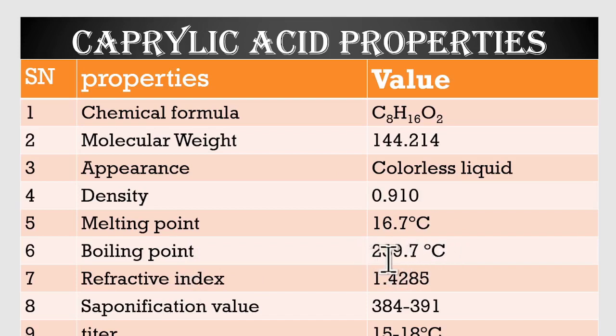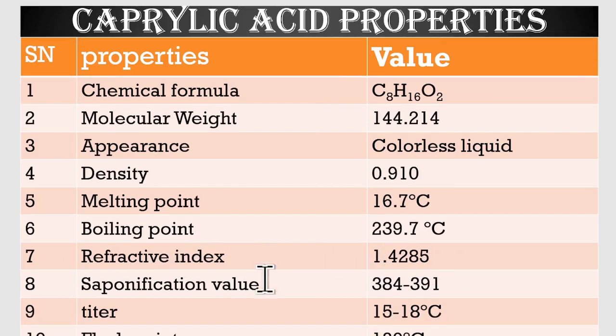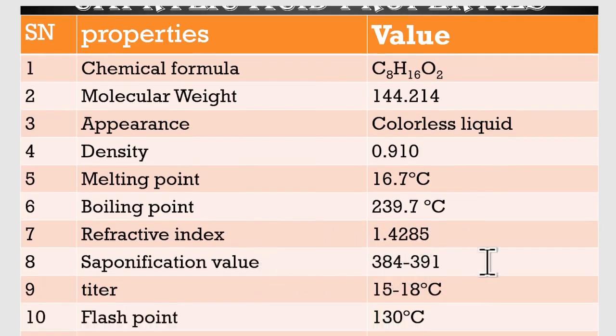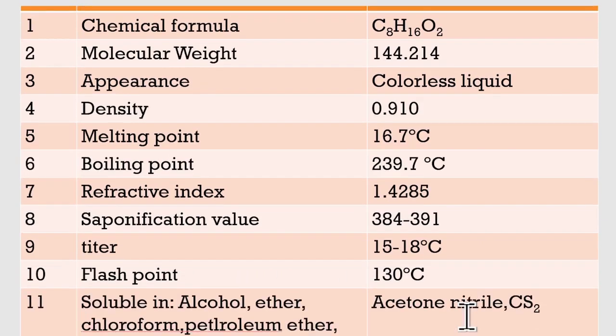So at 239.7 degrees it boils and becomes vapor at atmospheric pressure. The refractive index is 1.4285, and the saponification value of this fatty acid is 384 to 391, and the titer value is 15 to 80 centigrade, and the flash point of this fatty acid is 130 centigrade.